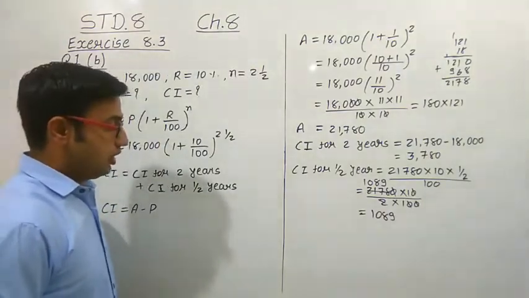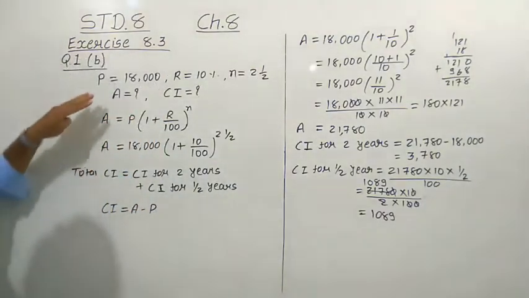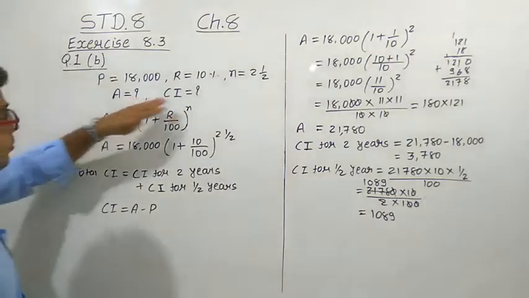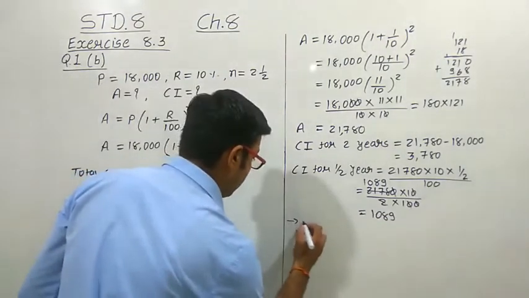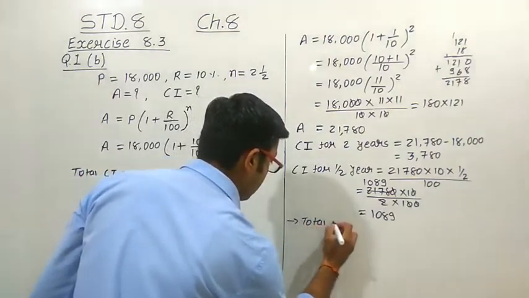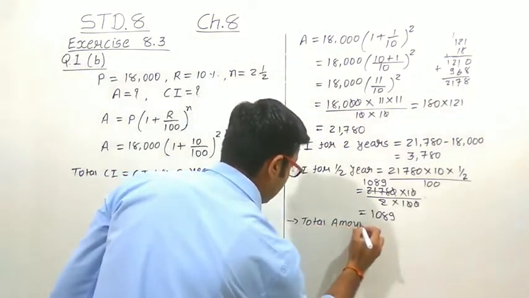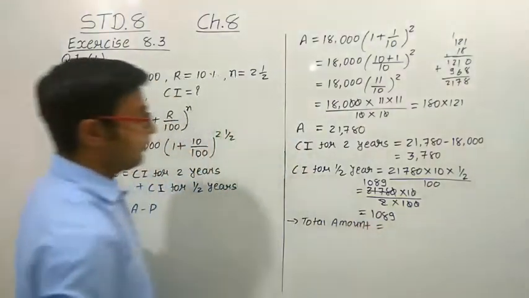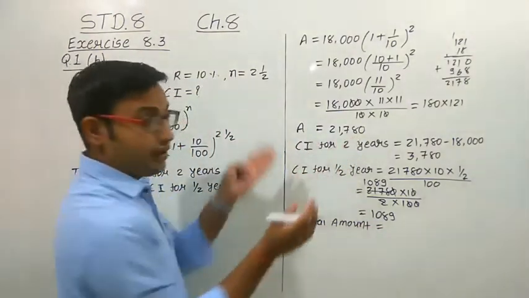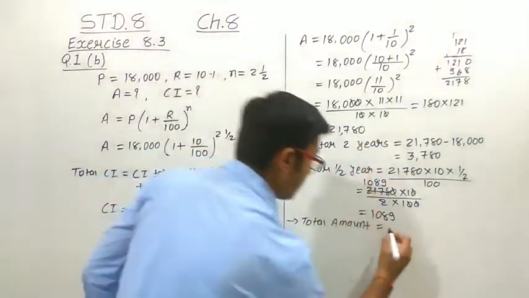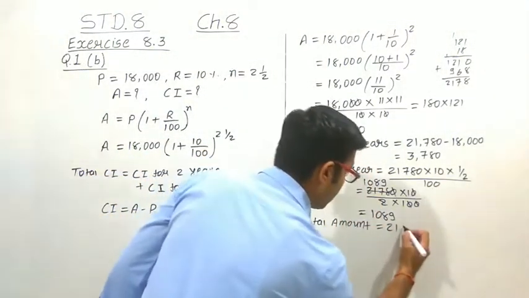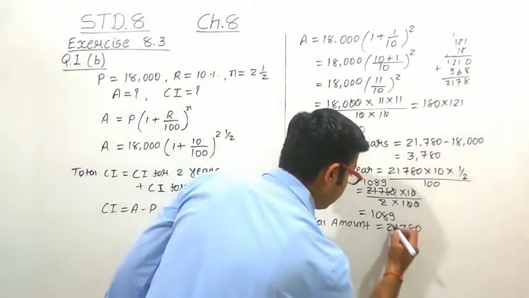Right? So now what will be the total amount? We have to find two things: the total amount after 2.5 years and the compound interest. So the total amount will be whatever the amount we are getting after 2 years. After 2 years we are getting this much of the amount, that is 21,780.